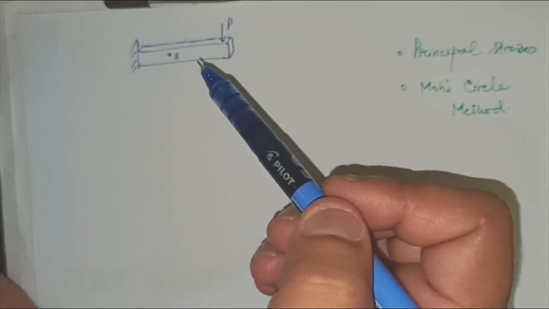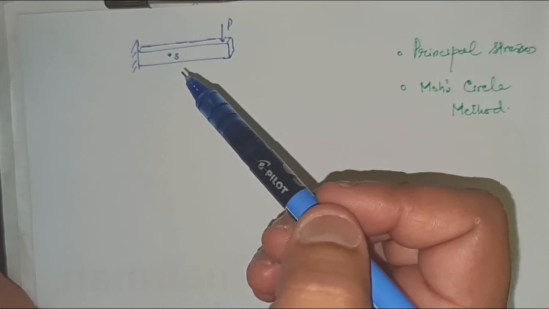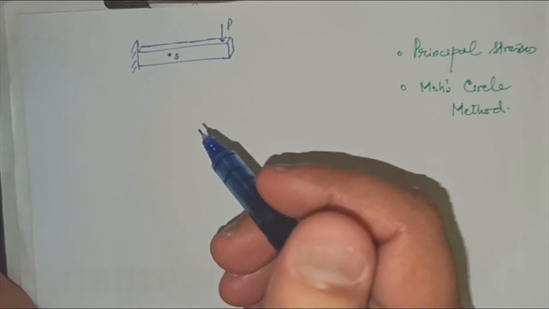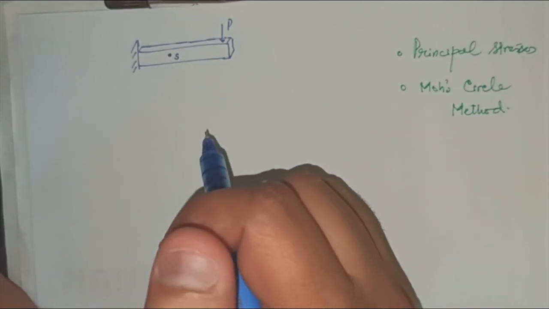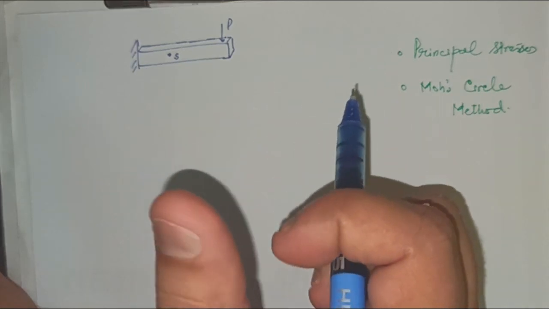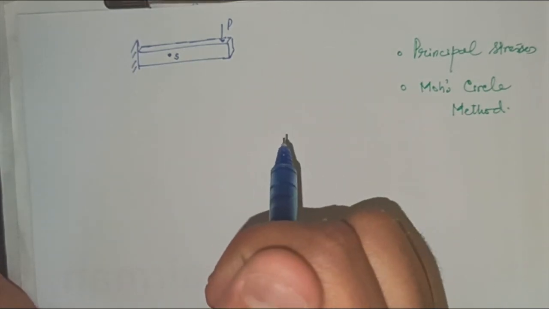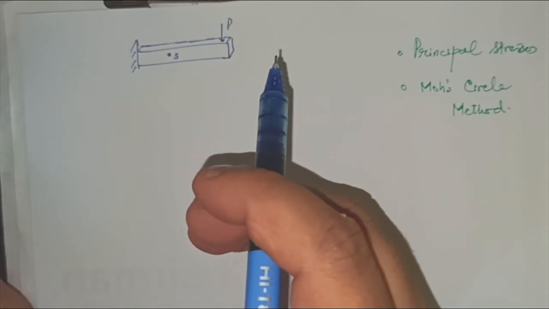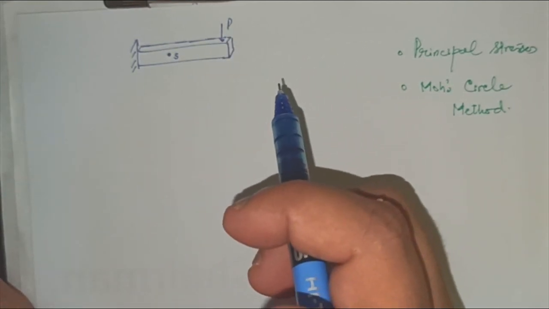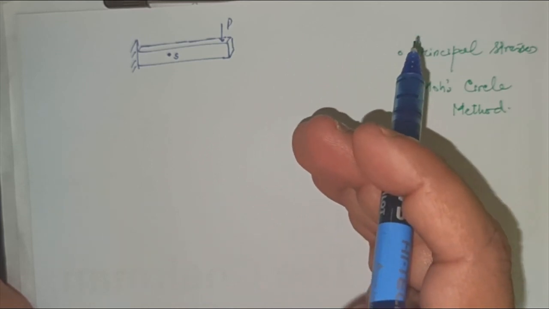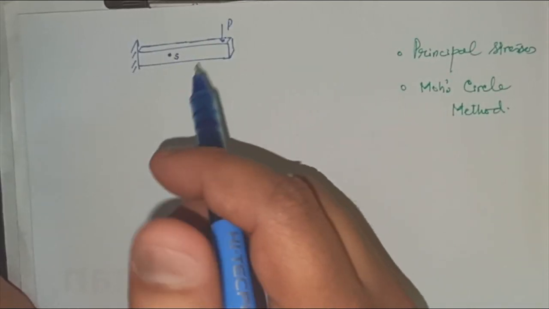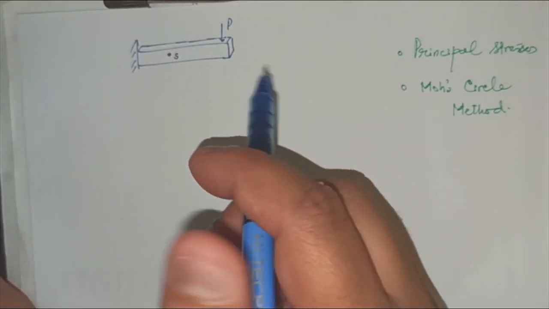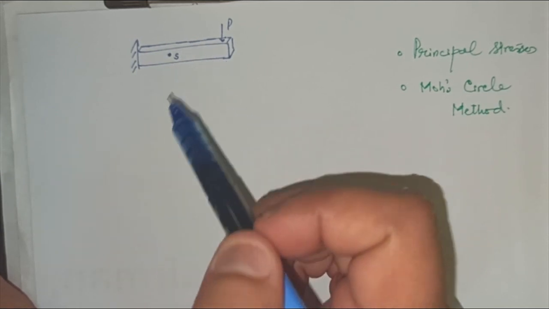So what will he be requiring? He will be requiring the normal stress at this point, the maximum normal stress, and the maximum shear stress. These two requirements are important. So we will take the maximum normal stress, see the maximum allowable normal stress for this material, and then compare the two, and then he will design his beam accordingly.